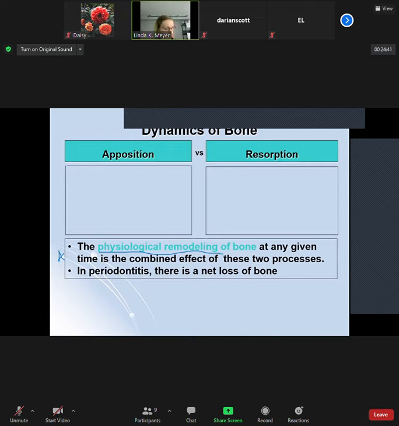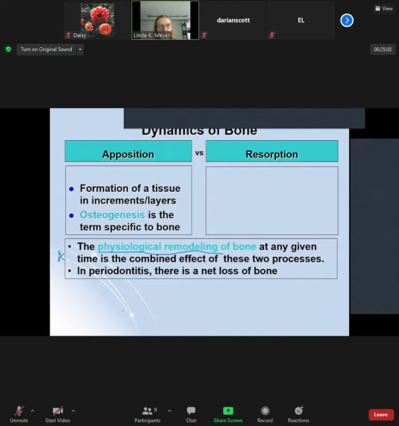Okay, so let's look at apposition first. Remember, apposition means the formation of a tissue in increments or layers. Both bone and cementum form in increments and layers, or we can say they form layer by layer. The term for bone formation specifically is called osteogenesis.